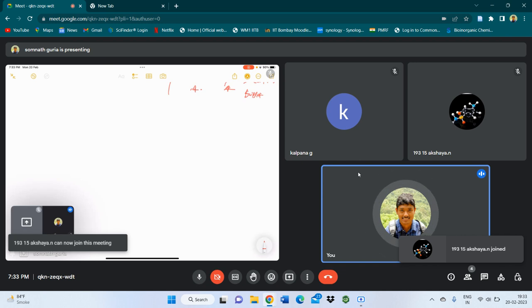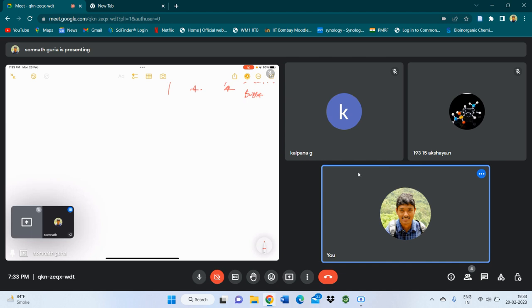So starting from the organic reaction, the organic molecule becomes oxidized.